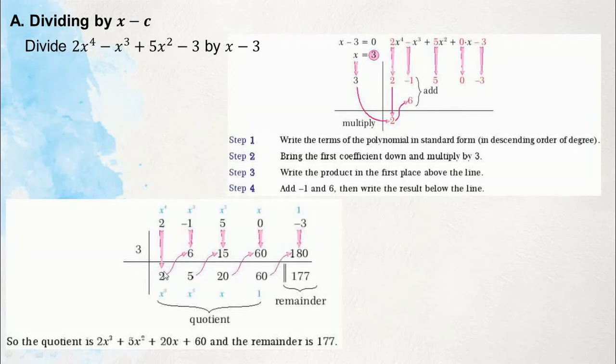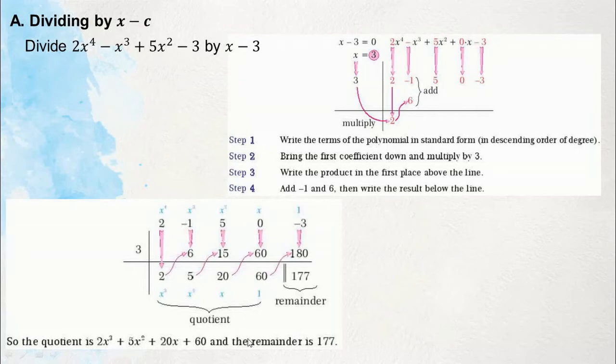So this is x power 3, x power 2, x, and then 1. So we get the quotient 2x power 3 plus 5x power 2 plus 20x plus 60, and the remainder is 177. Okay, so now let's jump to the another dividing.